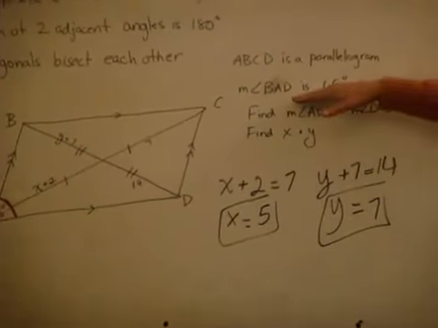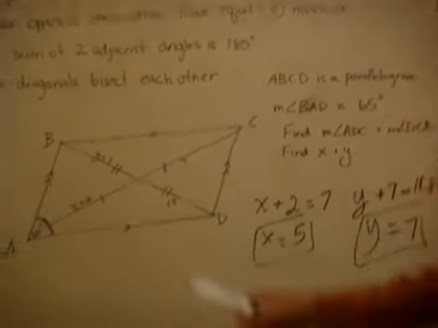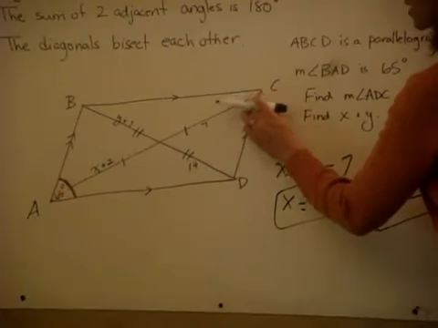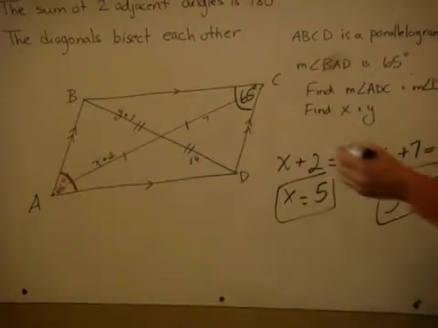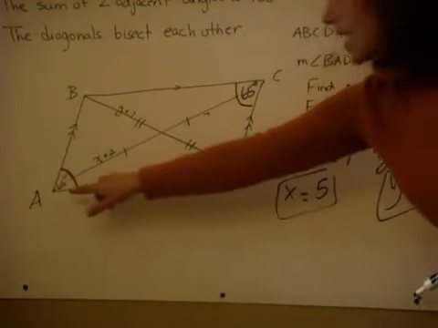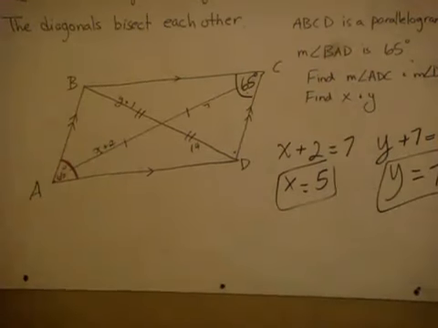Now we have to find the angles. We know that BAD is 65. We know that the opposite angles are congruent or equal. So we know that this angle right here is also 65. And now all we have to do is find our final angle, which is CDA. We know that this one and this one have to add up to 180.